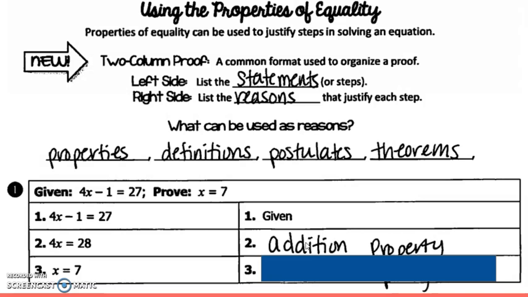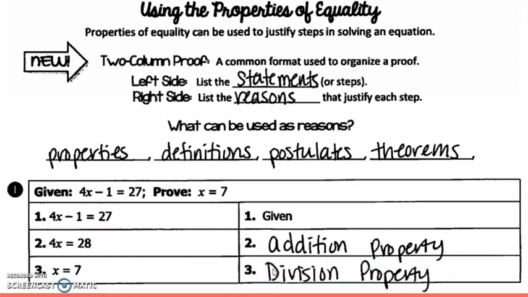And I'm not going to have you write out of equality. You can if you want to, but we can just write addition property. Now I want to figure out how to get down to my prove statement. So if I want x to equal 7, well, I need to divide both sides by 4. To get from step 2 to step 3, with that division, I use my division property. And that's just how we're going to do our two-column proofs.